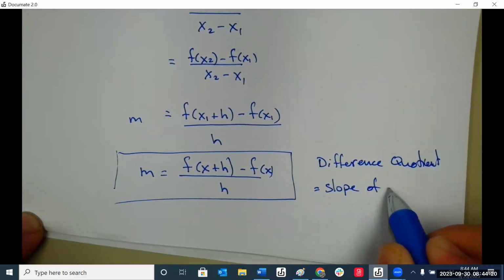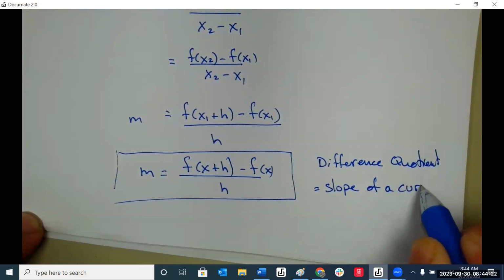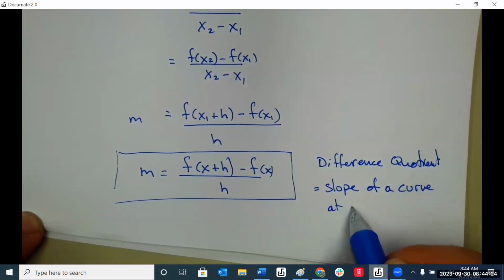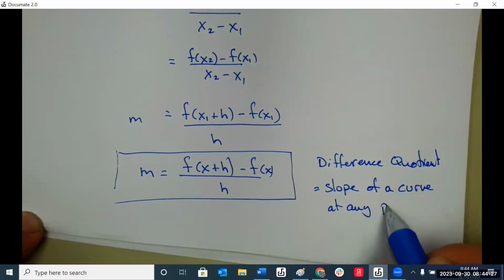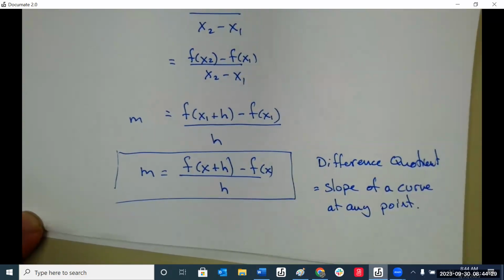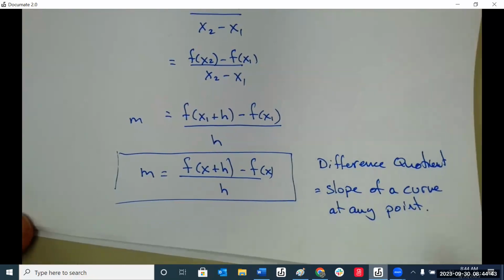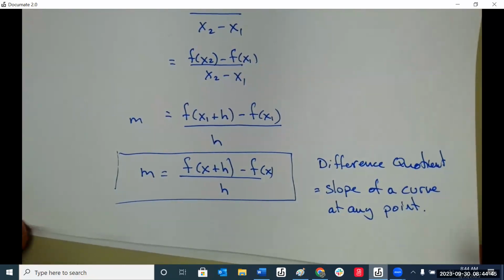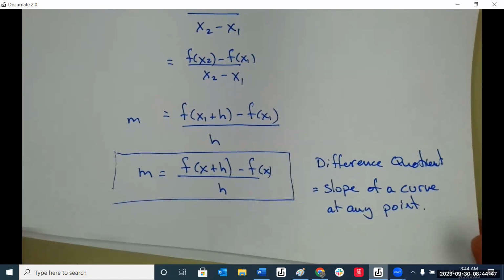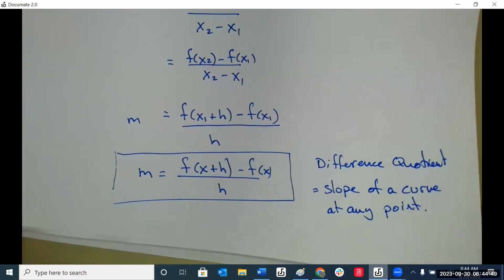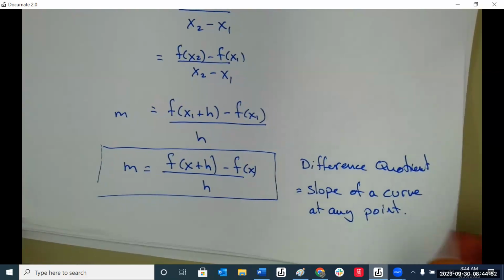The slope of a curve at any point. Now, let's learn how to use it. Got it? Right.